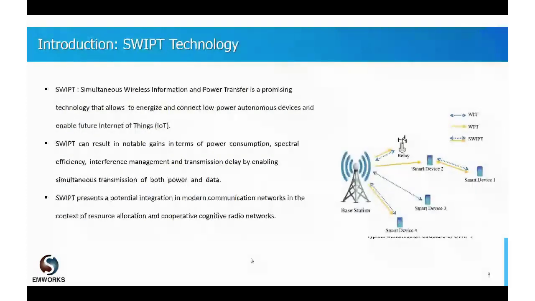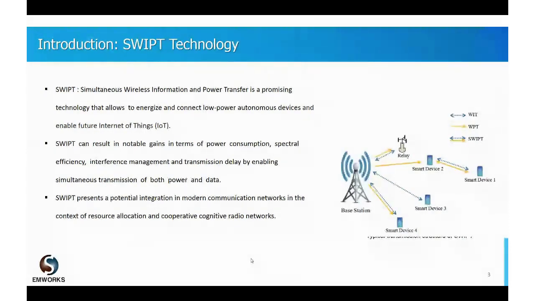SWIPT is really a wide-ranging technology, and it can mean different things to different people. Anytime you want to do simultaneous transferring of power and information, you are in a SWIPT context. This is driven in large part by the proliferation of sensors of all kinds.